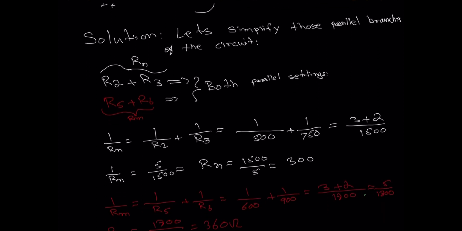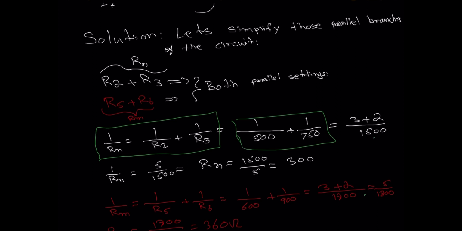To add them, since these are parallel circuits, we go over this formula, which is the parallel circuit addition. 1 over Rn is equal to 1 over R2 plus 1 over R3. Then plug in the values here. Then find the LCD and just do the simple math for operation of fraction and addition.